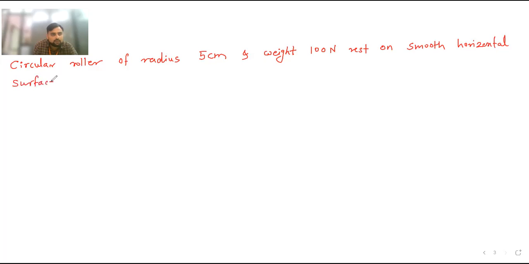Remember one thing, in a numerical when the word smooth comes, smooth surface, then your mu is 0.